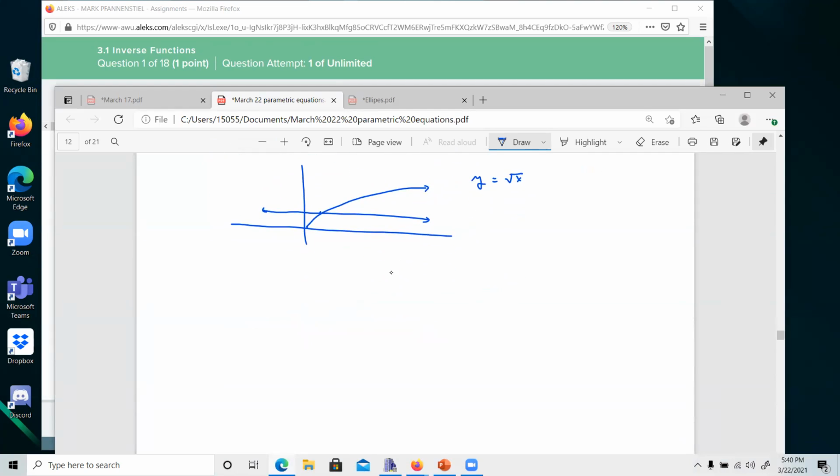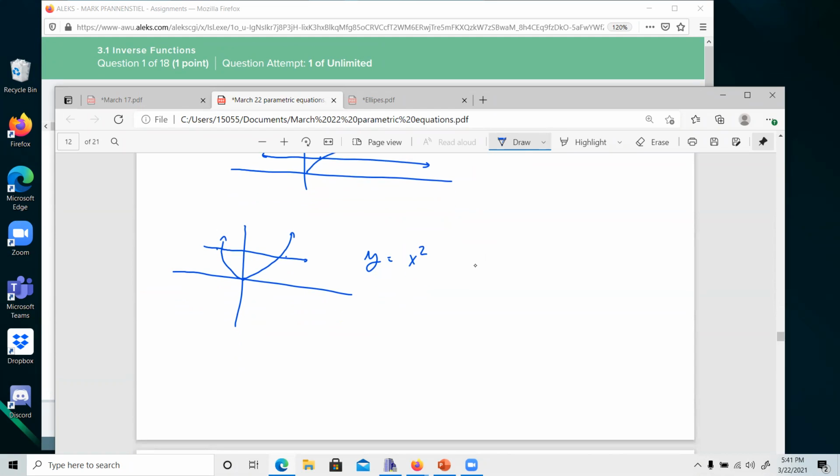But you might say, wait a minute. If square roots and squares undo each other, right here is y is equal to x squared. This does not pass the horizontal line test. You're right, it doesn't. So what we have to do is make that happen. We have to choose the domain.